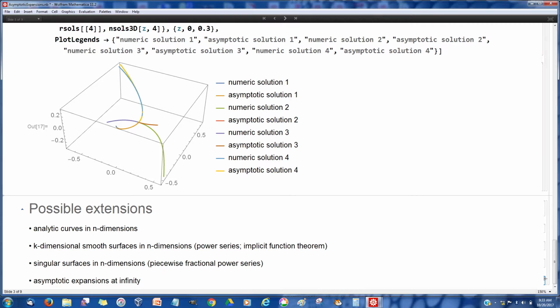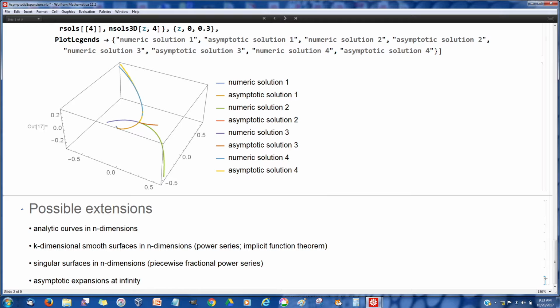In n dimensions we can have n minus k equations, and if the system is non-singular, so the determinant of the derivative is not 0 at the point, we can use the analytic implicit function theorem and get the actual analytic parametrization of the surface. So that's the nice case.